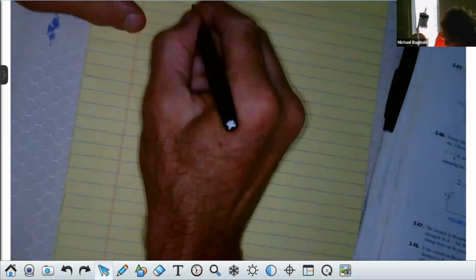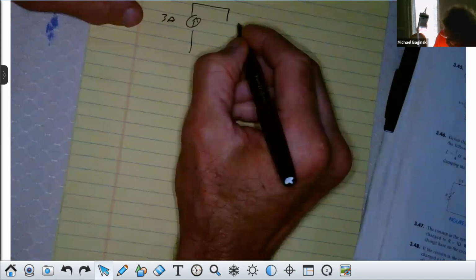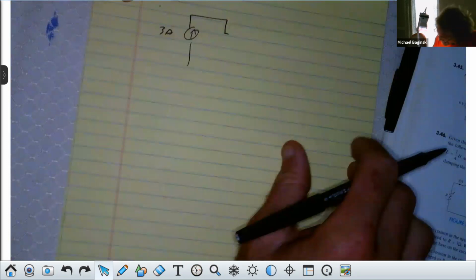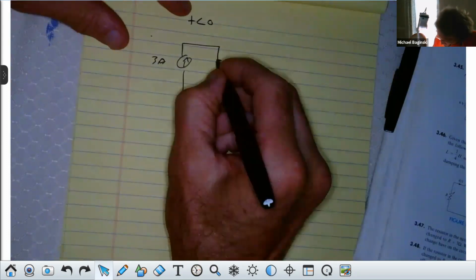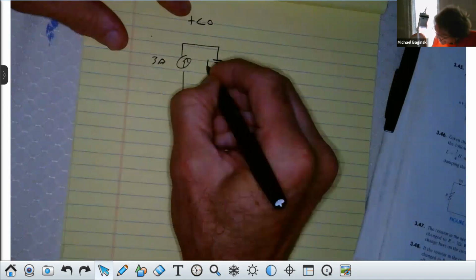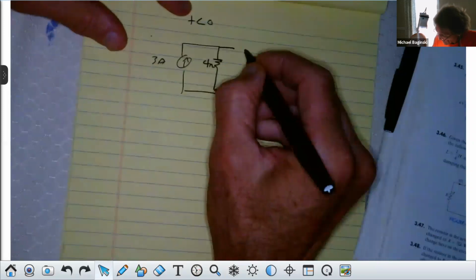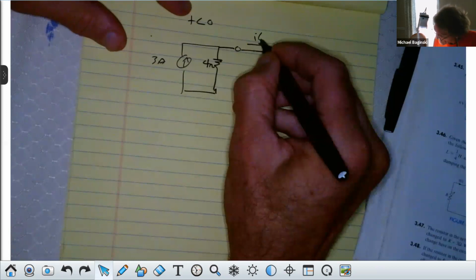And first I have 3 amps, and it's in parallel with 4 ohms. This is going to be for t less than 0. Then I have the thing I want right here. This is the current I of t that I'm looking for, for t less than 0.